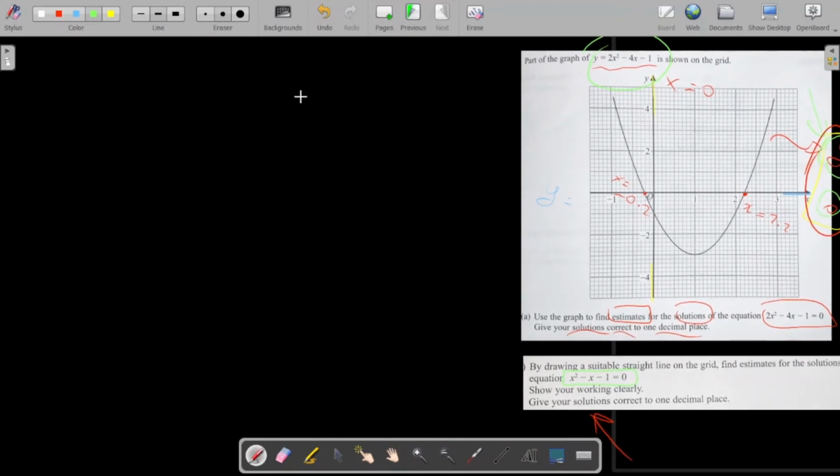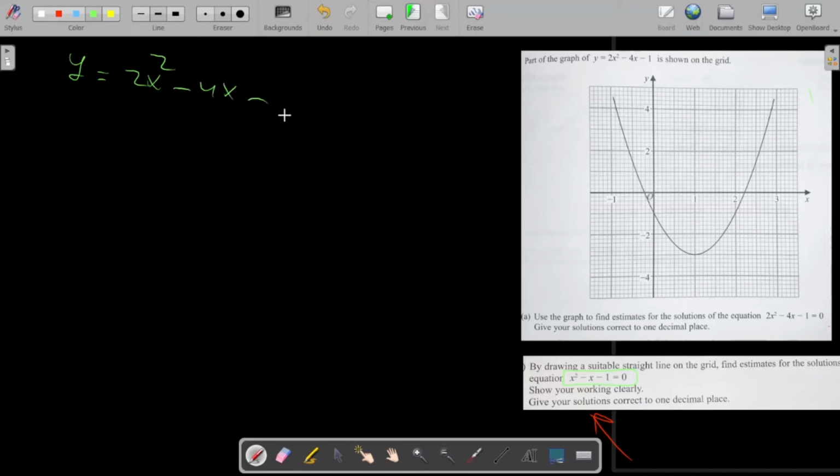Now our curve, if you remember, I'm going to clean things here since we explained everything. Now we are handling the second thing, which is a little bit different. I know that my curve has an equation of y equals 2x squared minus 4x minus 1, right?